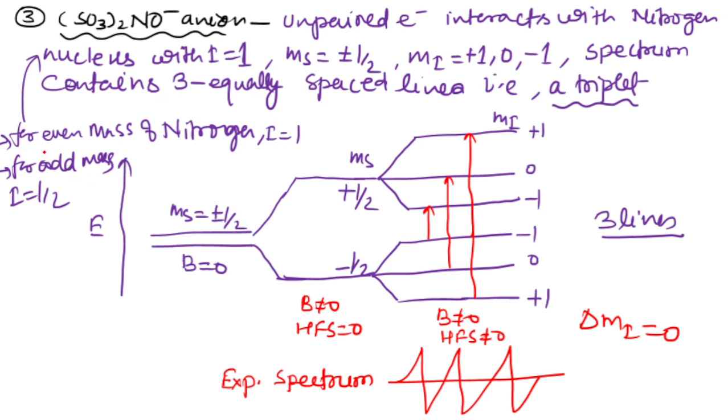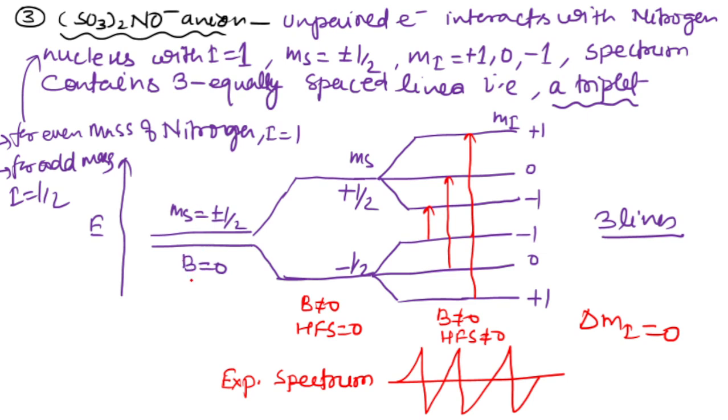As I discussed in NMR, for even mass numbers of nitrogen you will get I value 1 for nuclear spin, and for odd mass numbers you will get I value half. Here the mass number is even, so I consider the I value to be 1.